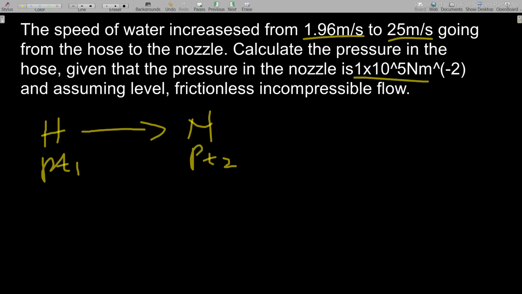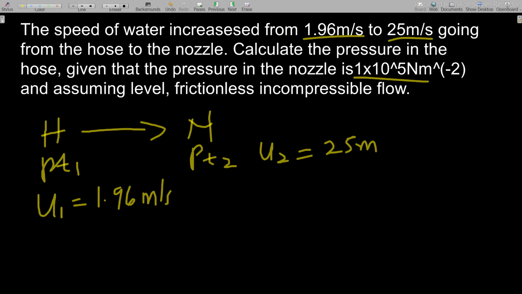U1, the velocity in the hose, is 1.96 meters per second, and U2 is equal to 25 meters per second. Calculate the pressure in the hose, given that the pressure in the nozzle, P2, is 1 times 10 to the power 5 Newton per meter squared.